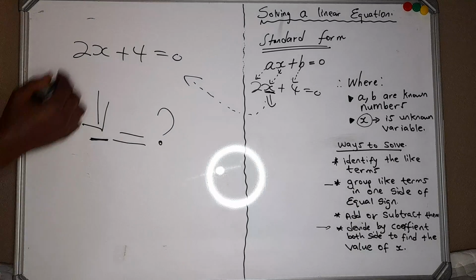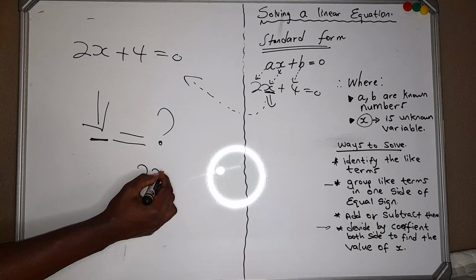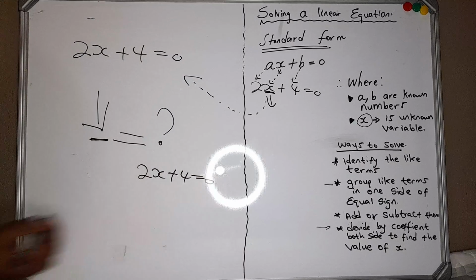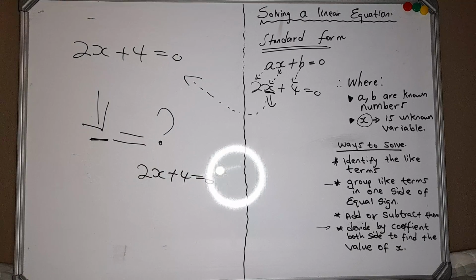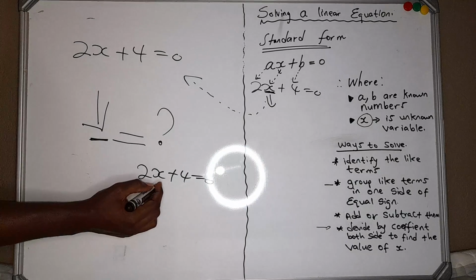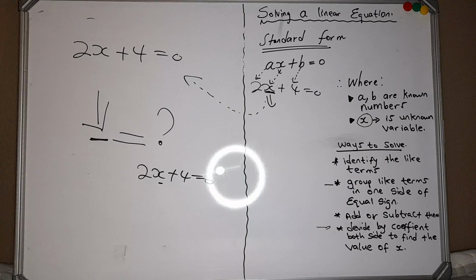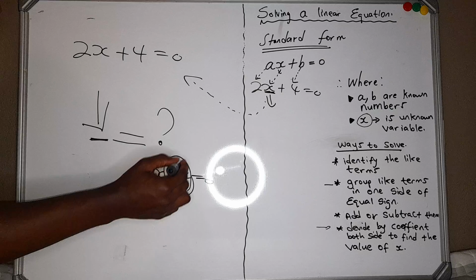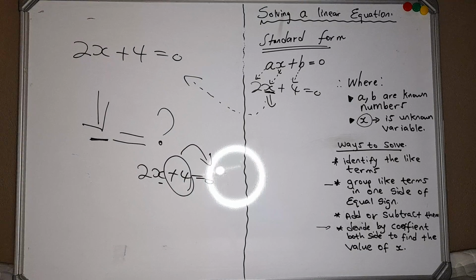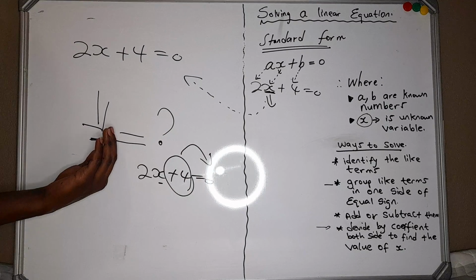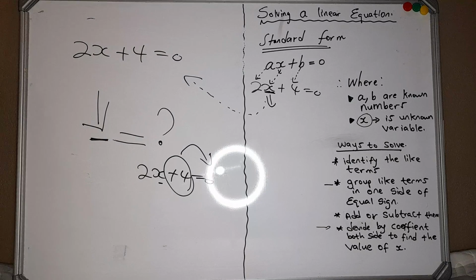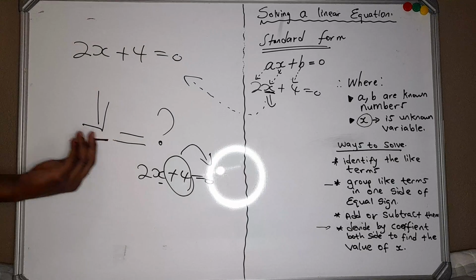Same as if they give you this one, which is 2x plus 4 is equal to 0, and they want you to solve the value of x. You take this 4 to that side of the equal sign, because we said your unknown variable must be alone on this side of the equal sign.